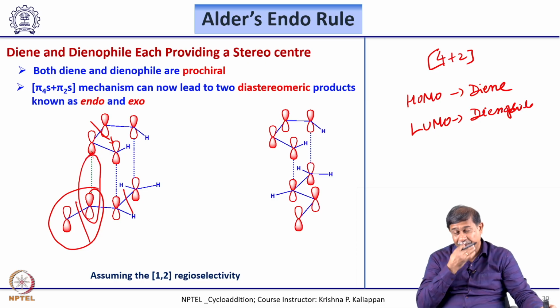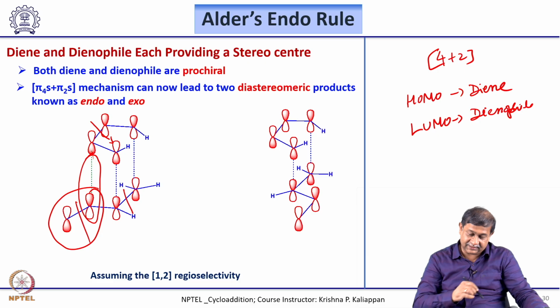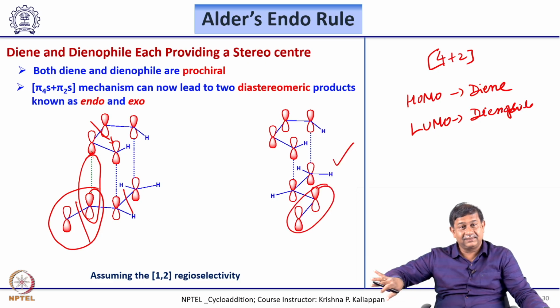So that is why the endo product, though it is a kinetic product, is the major product. The secondary orbital interaction is the one which stabilizes, and you get the endo product as the major product. Whereas in the case of exo, this is away. So there is no chance of secondary orbital interaction.